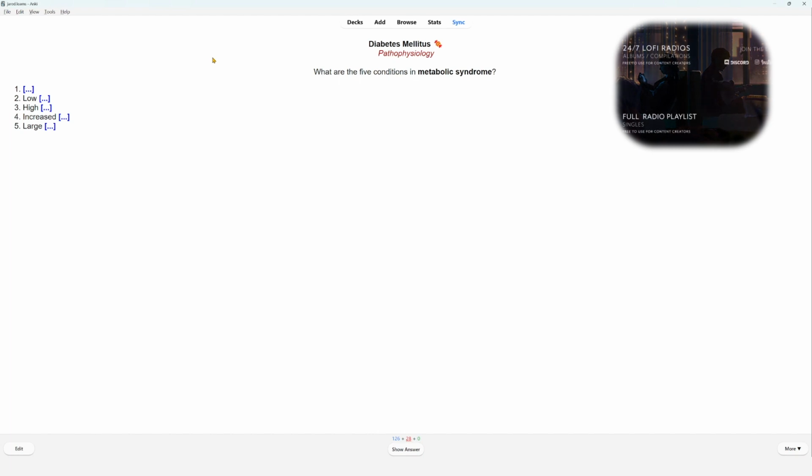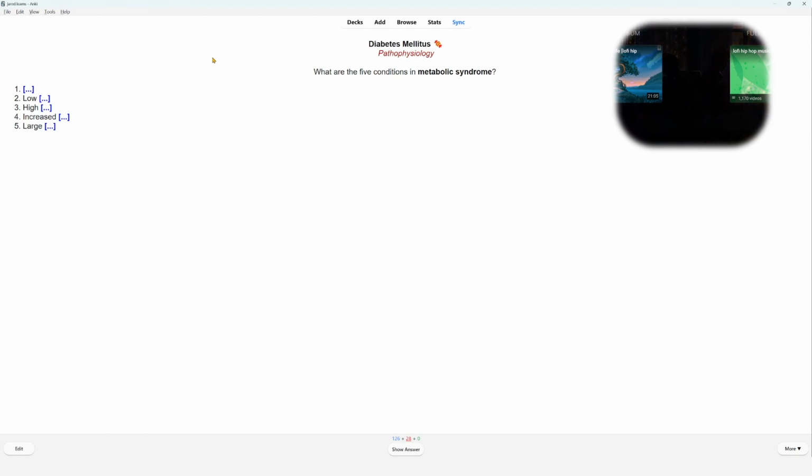What are the 5 conditions in metabolic syndrome? Those are hypertension, low HDL, high LDL, increased waist circumference, and increased fasting blood glucose.